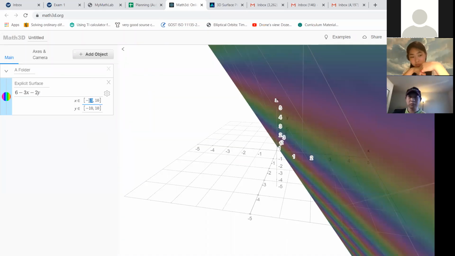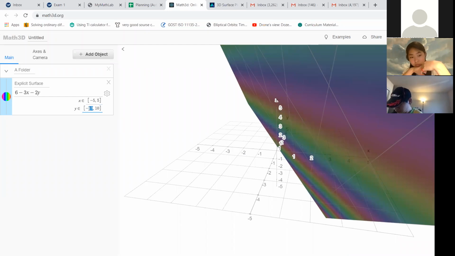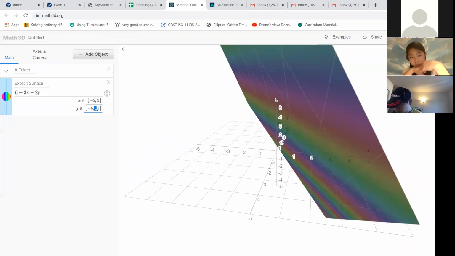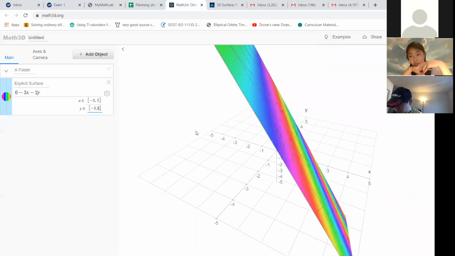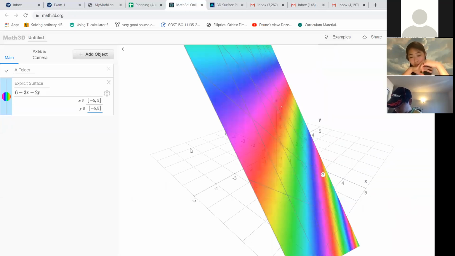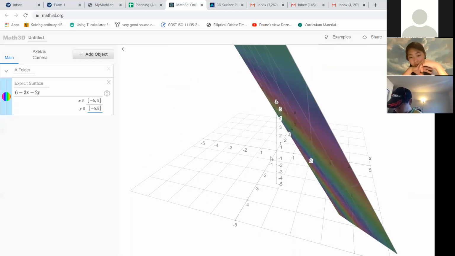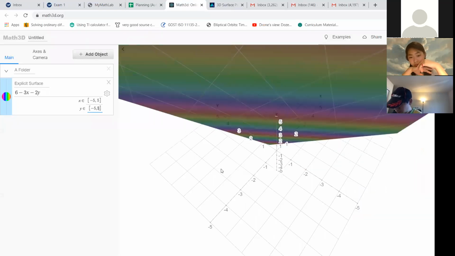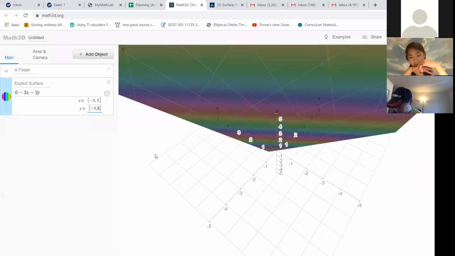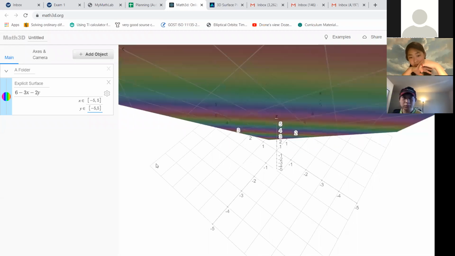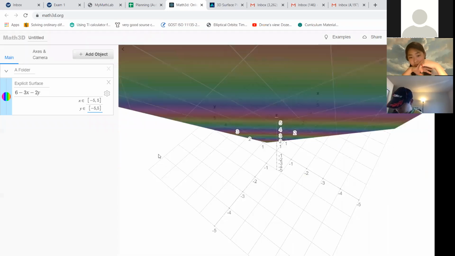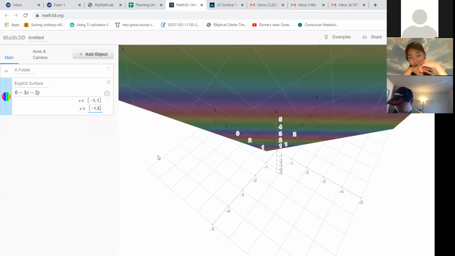Let me just minimize the range here, -5 and 5. So as you can see, here you just have a plane, and the intersection of some planes with fixed z values are going to be lines. Those are your contours or level curves in the xy plane.